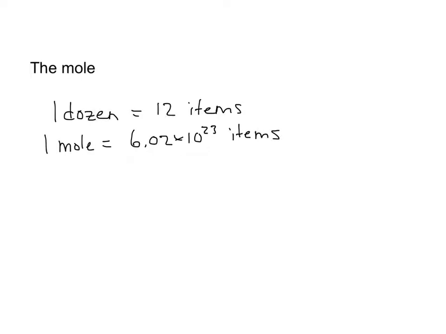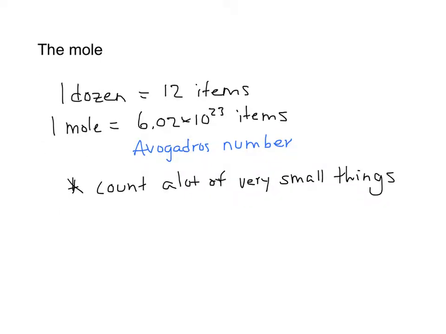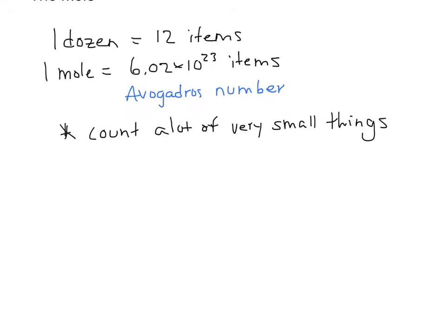And this number is called Avogadro's number. And what this number does is allow scientists to count a lot of very small things. Now, we can write this Avogadro's number in two ways.